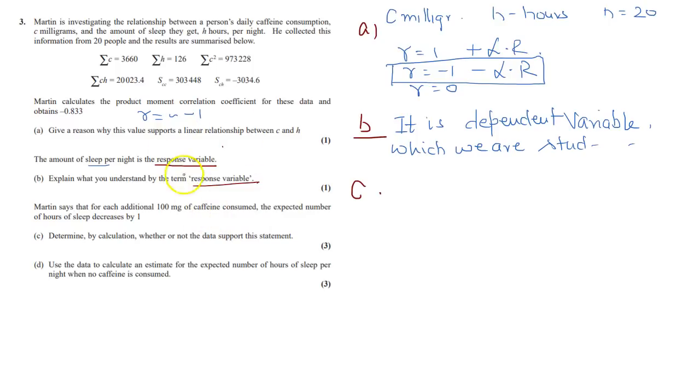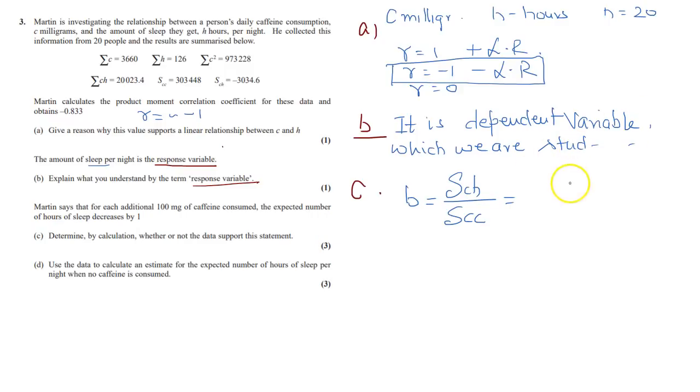So because this one is, we have to calculate here B, and B is equal to SCH over SCC depending on the amount of caffeine.